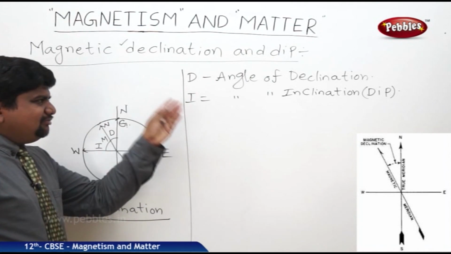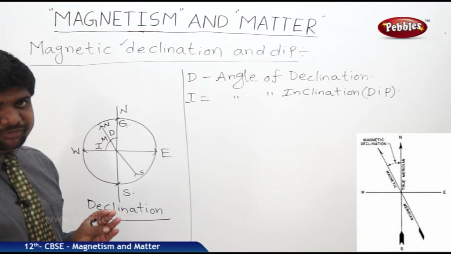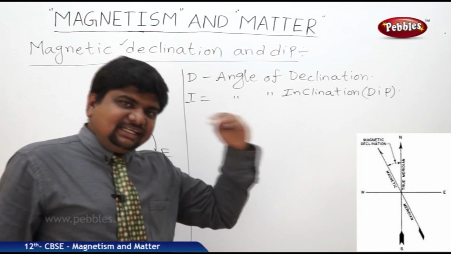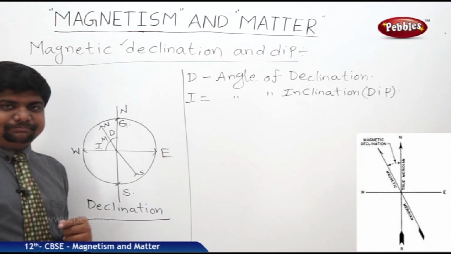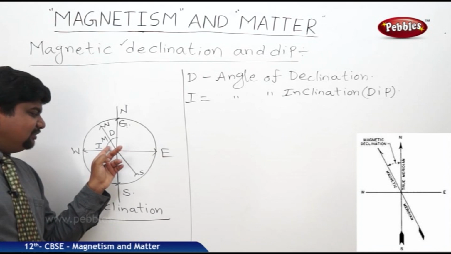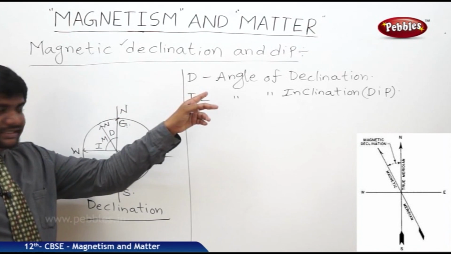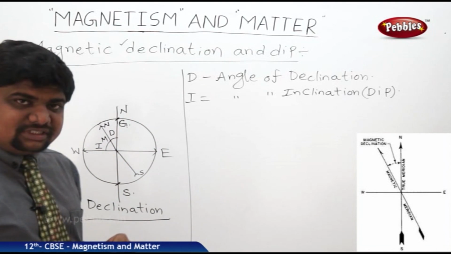So these values are very small in India at some particular places. The angle of declination is higher at the higher altitudes, smaller at the equator. Whenever the declination is larger, inclination will be less, and when declination is smaller, inclination will be larger, because they are opposite in nature.